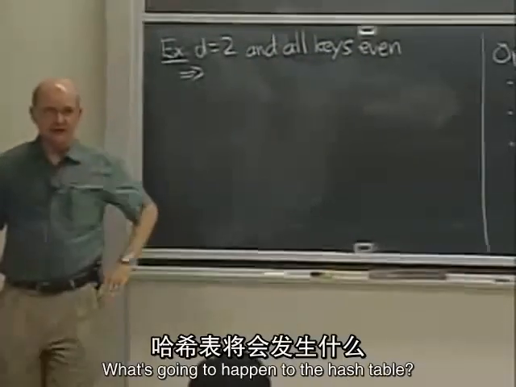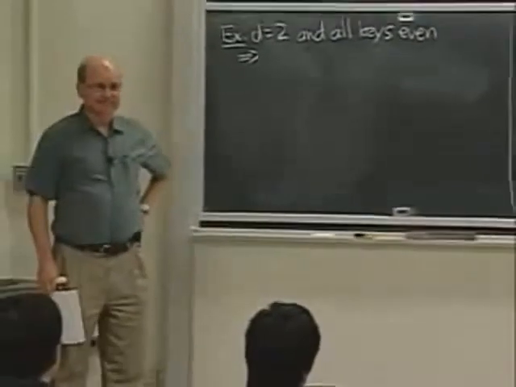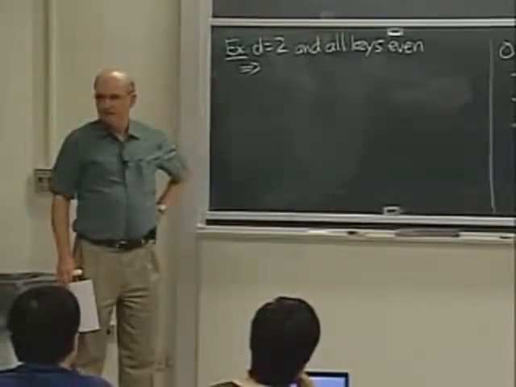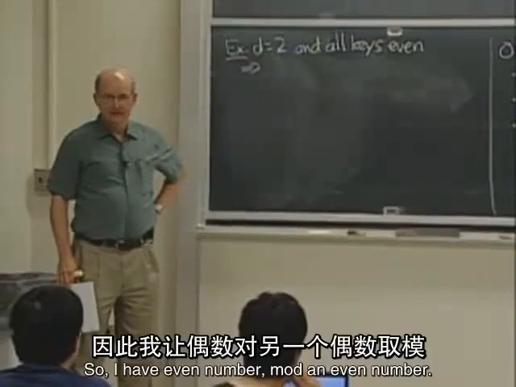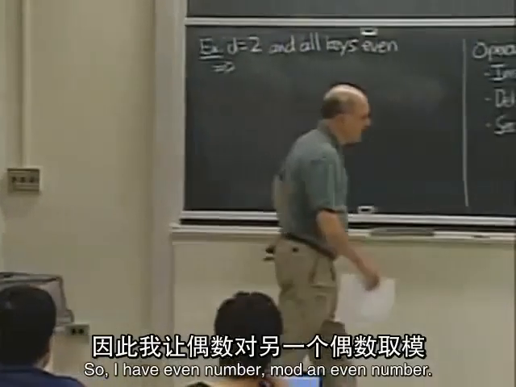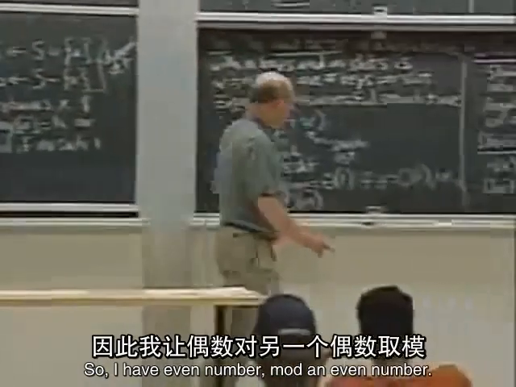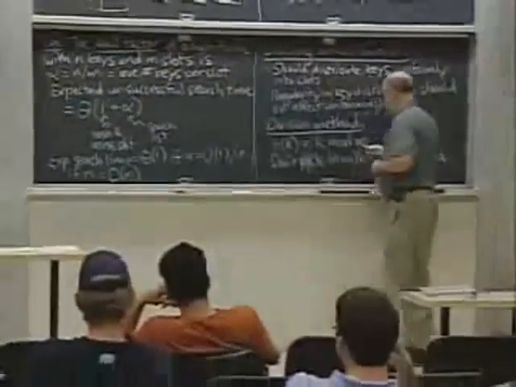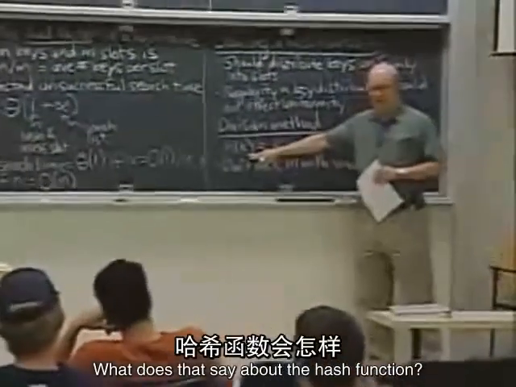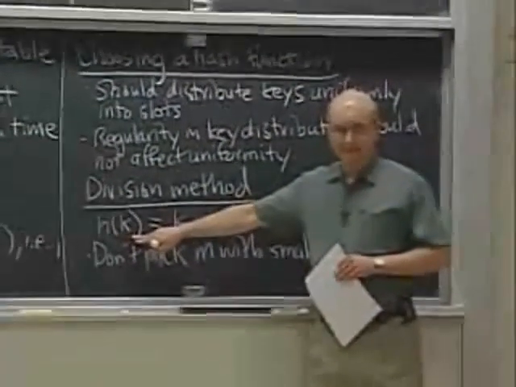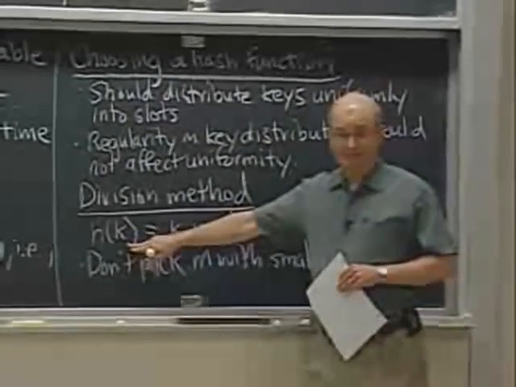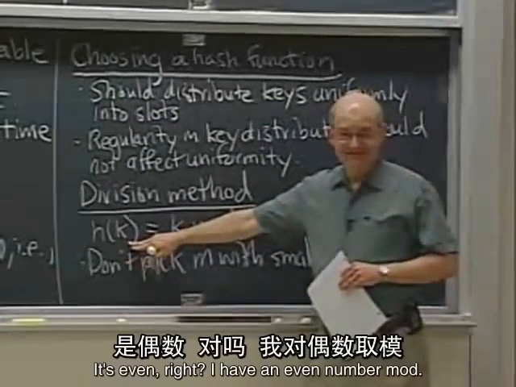What's going to happen to the hash table? So I have an even number mod an even number. What does that say about the hash function? It's even, right?